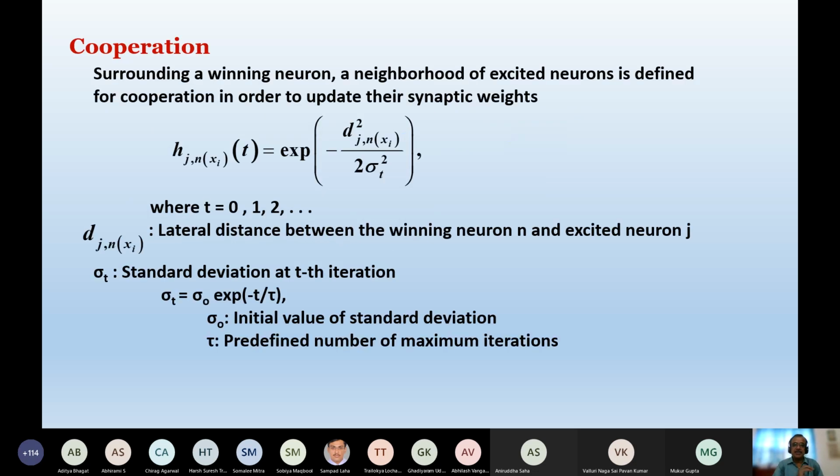What is cooperation? Through the competition, the winner has been declared. Now remember one thing, whether you believe me or not, all the professors who are working at, say, IIT Kharagpur, are all winners. They have struggled a lot and they have reached a particular level.